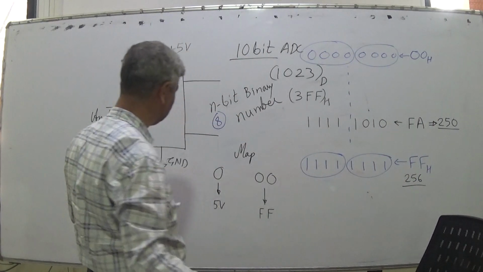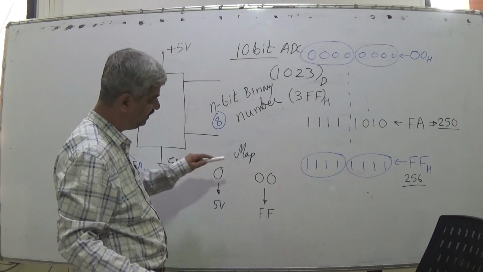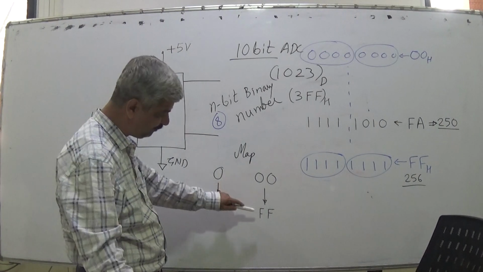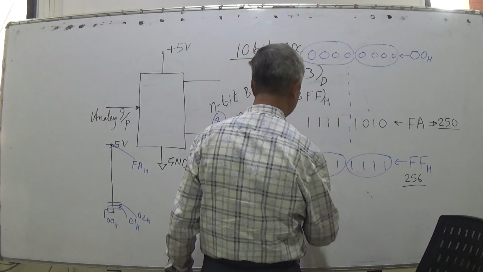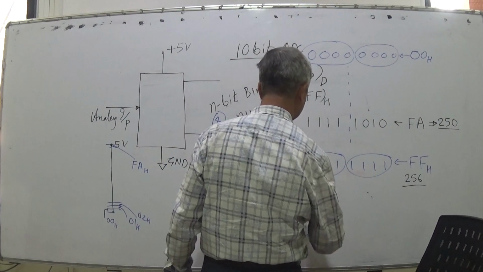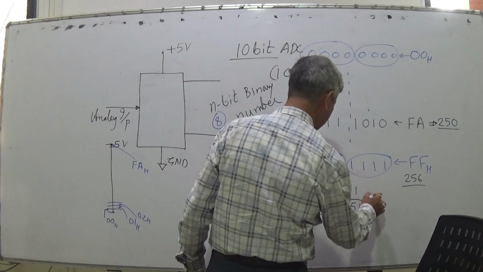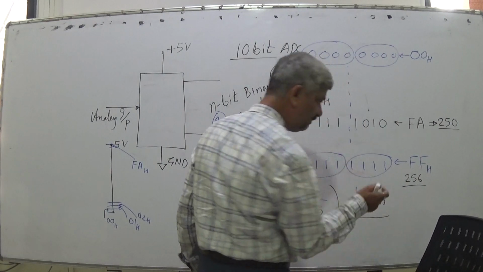If we do this 0 to 5 volts, if you suitably map such that 5 volts corresponds to FF also, then 5 volts upon 255, that is 1 upon 51 volts, will be 1 step.